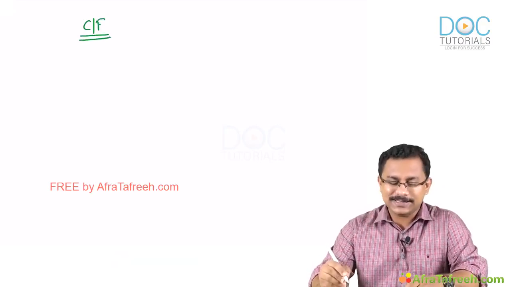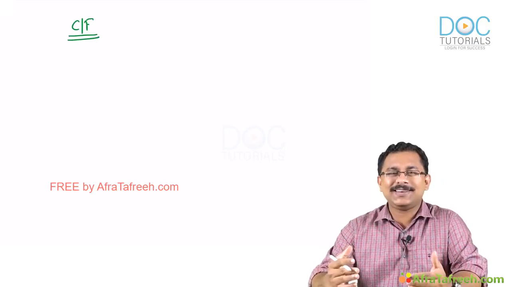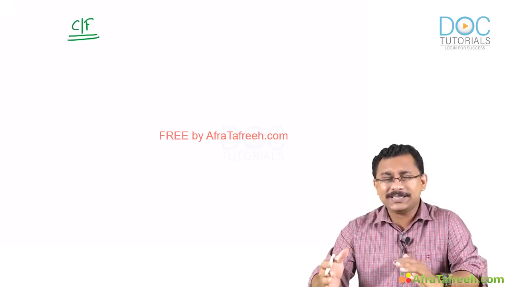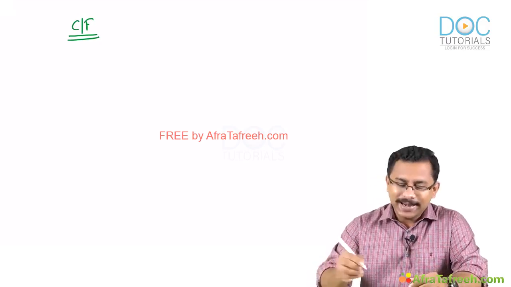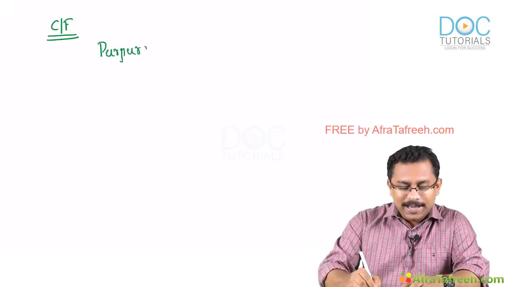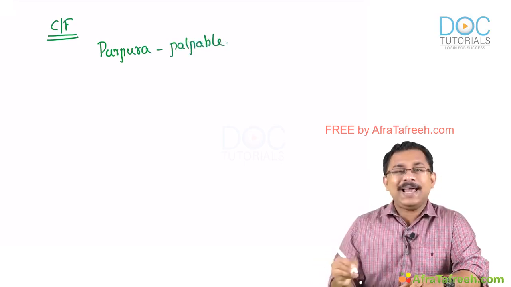Now coming to the clinical features of cryoglobulinemic vasculitis. It varies, and here also you can have involvement of multiple systems. You can have cryoglobulinemic purpura, a palpable purpura.